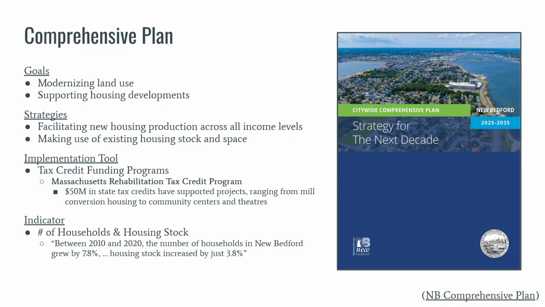General overview of the comprehensive plan here. The general goals are to modernize land use and support new housing developments and renewal projects. Their strategy plans focus on facilitating new housing as well as using existing housing space and housing stock in things like mills and otherwise empty spaces that could be utilized for housing.